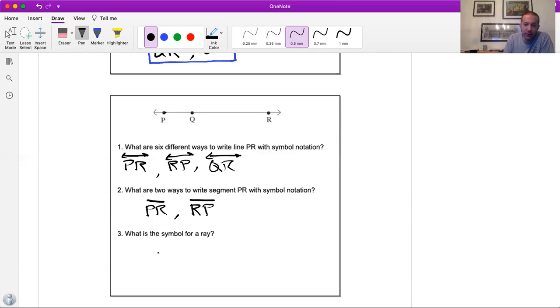The symbol for a ray is 2 letters with a one-sided arrow on top of it. So ray QR, you write like that. And that would represent the ray that starts at Q, goes through R, and goes on forever in this direction. And remember, the Q is first because that's where it stops. The R is second because it goes on forever in that direction.